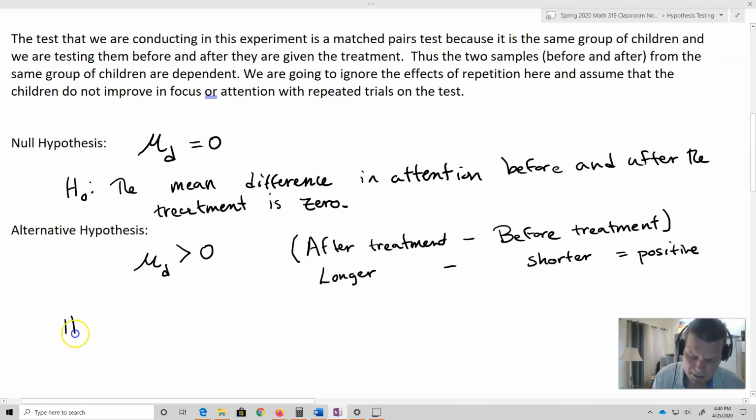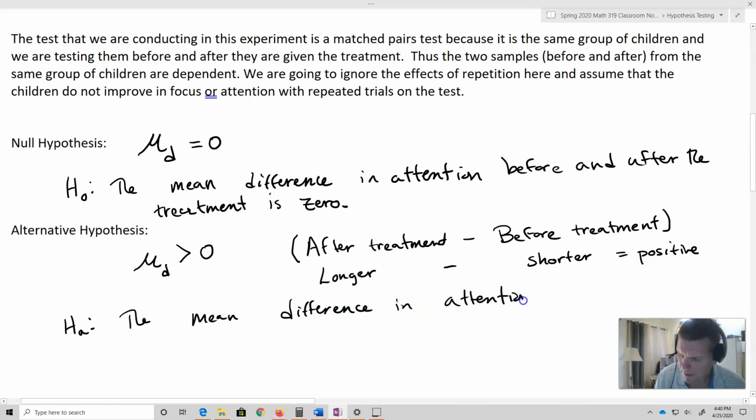So we'll say something like this. The mean difference in attention time before and after treatment is positive.